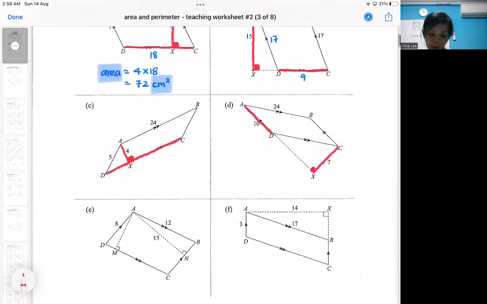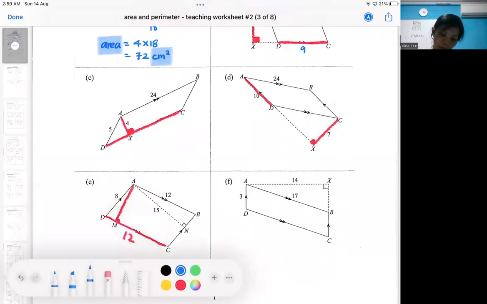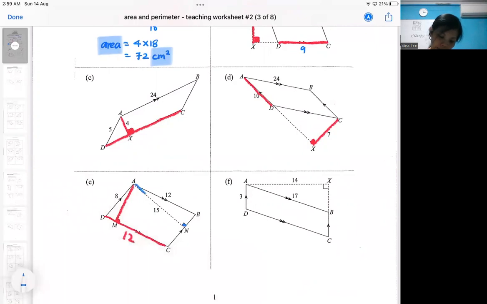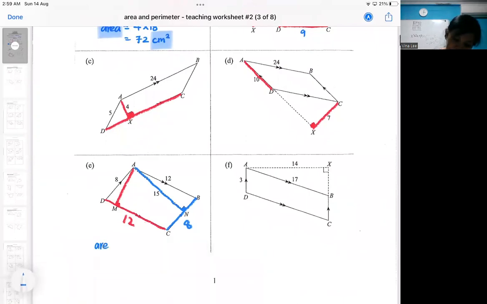So for example, like E, you've got two 90 degrees. If I use the red 90 degree, I got 12, but I do not have the height. But if I use the blue 90 degree, I know that this is 15 and this part will be 8. So which one will you use? Obviously you will use the blue 90 degree. So it will be 15 times 8.